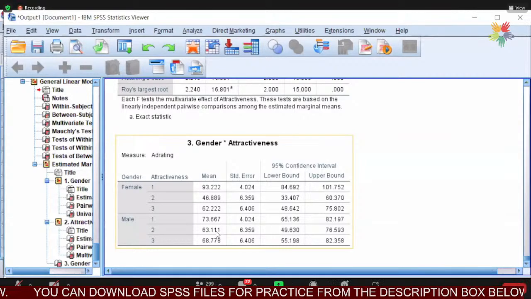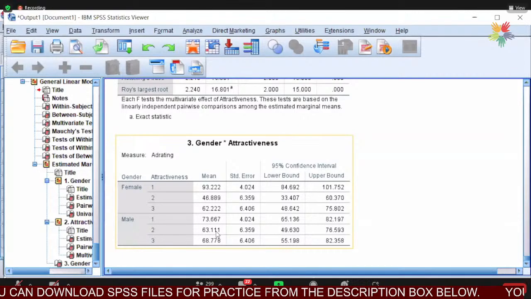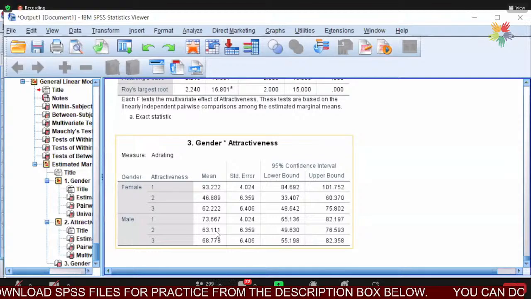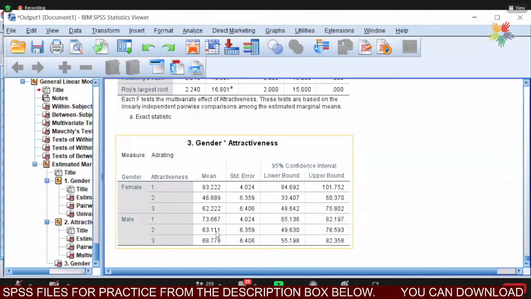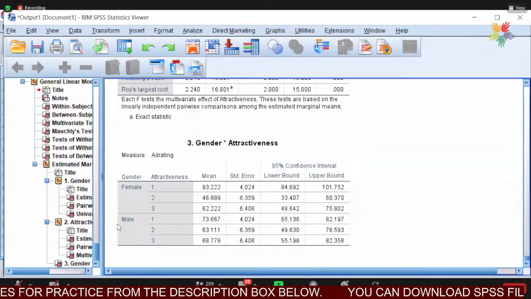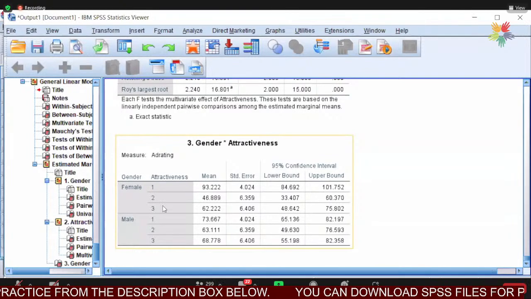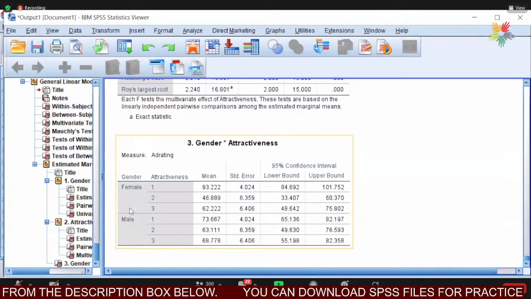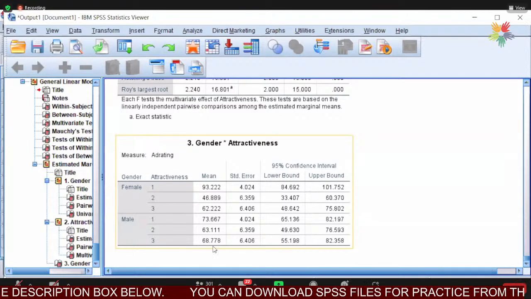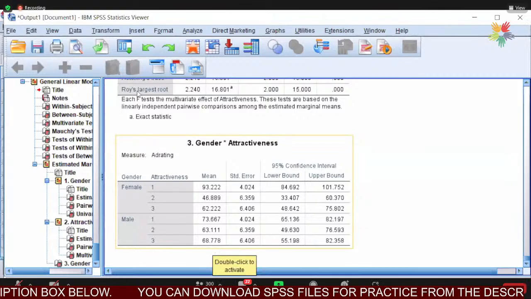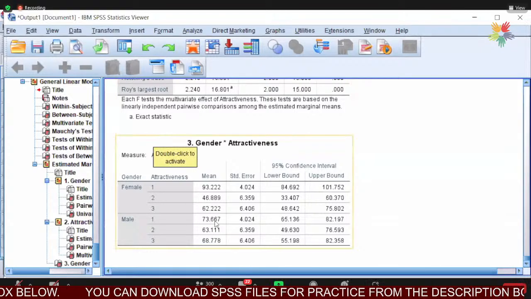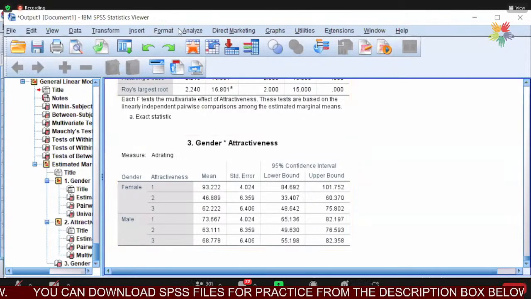But if you take each group with respect to each advertisement, there is a difference. So this is called joint. Within female, within the three advertisements there is a difference. Within male, within these advertisements there is a difference.